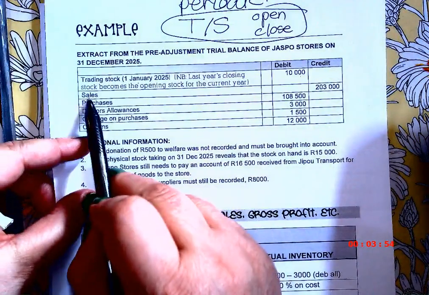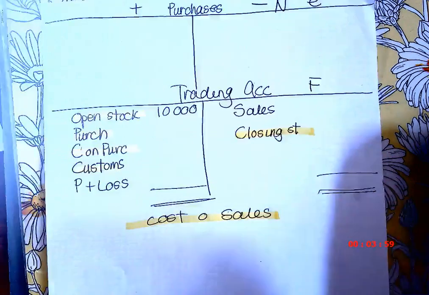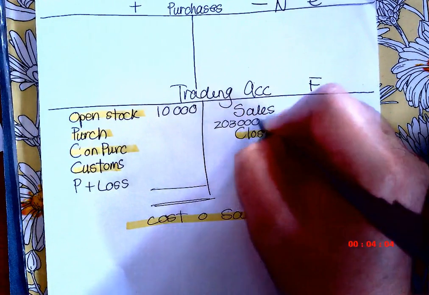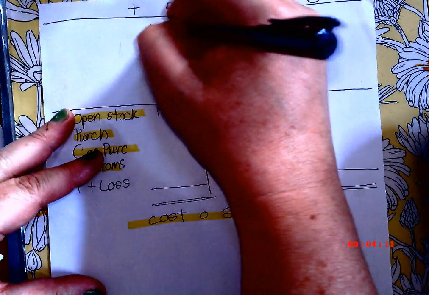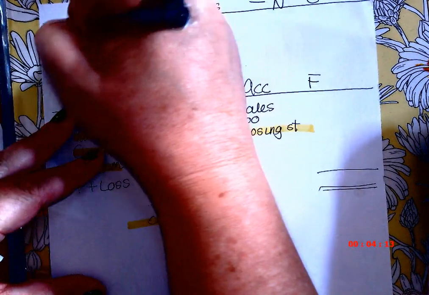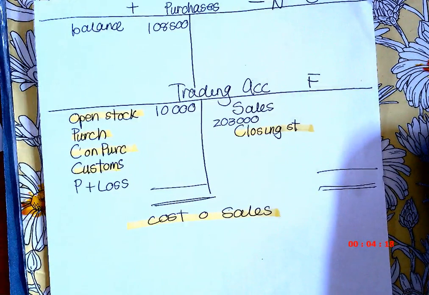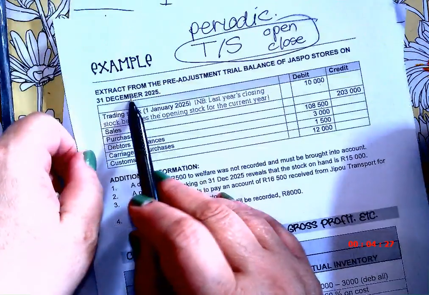If I look further, there's my sales, 203. So sales so far is 203. Purchases, that 108 will be my opening balance. I know the next question is going to be dates, and the dates for these things are literally all going to be the closing date, in this case 31st December.